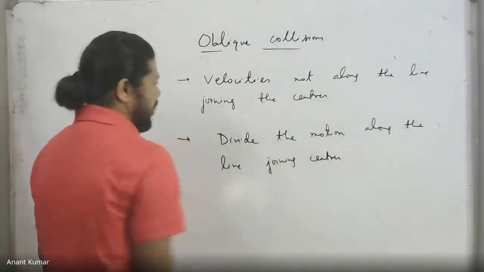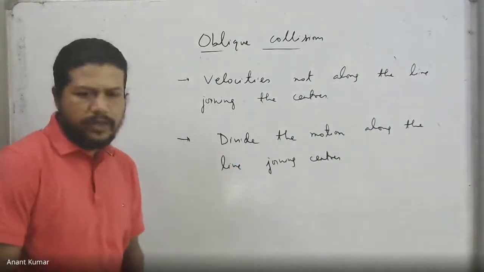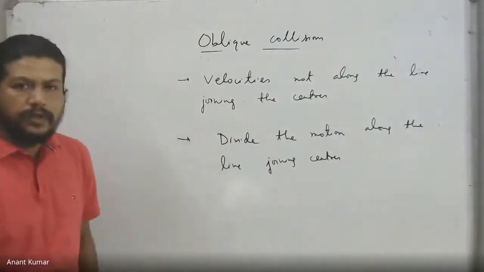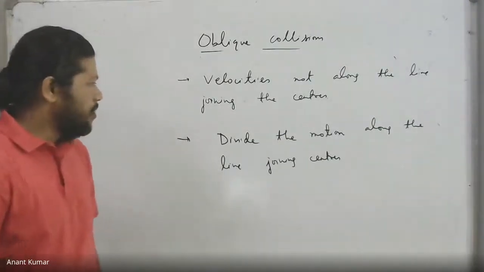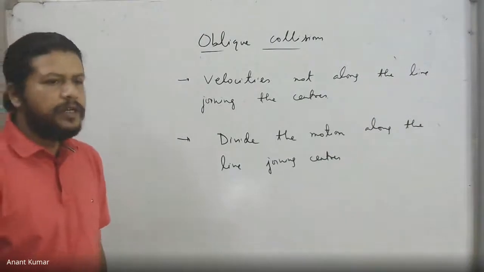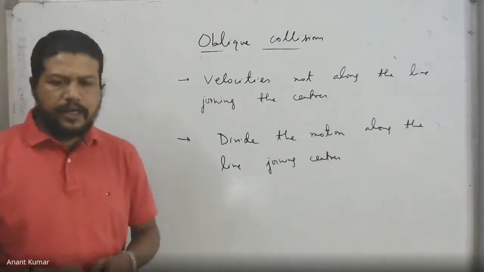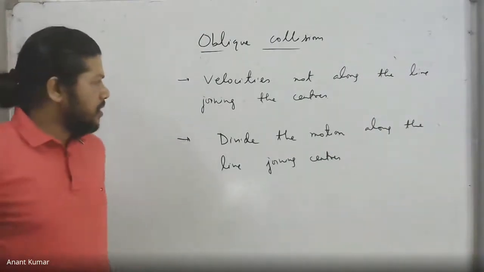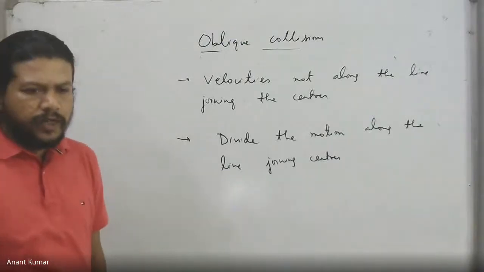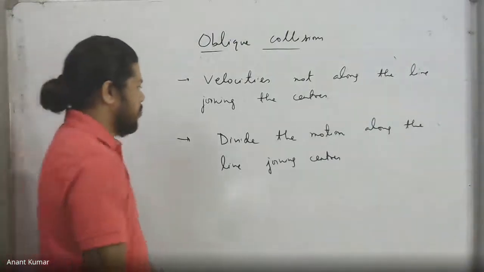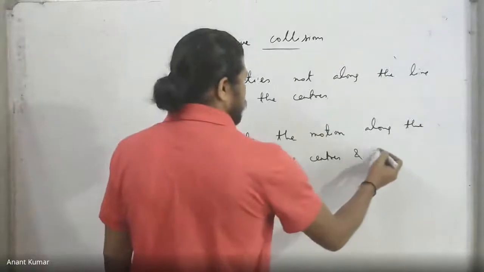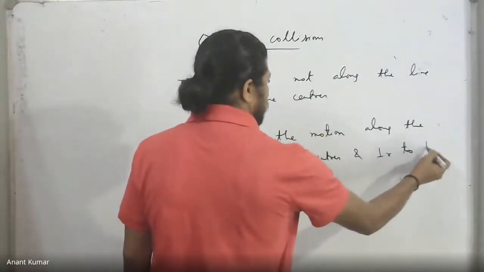If they are point particles, then obviously we just break it along the line joining the two particles themselves. But if they are a bit extended, in that case, we have the line joining the centers. Along that direction, we can break the motion, and perpendicular to that.